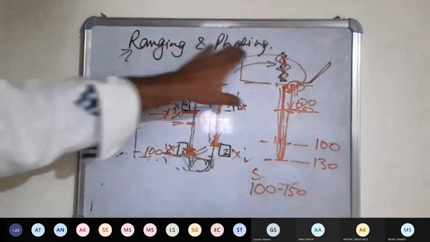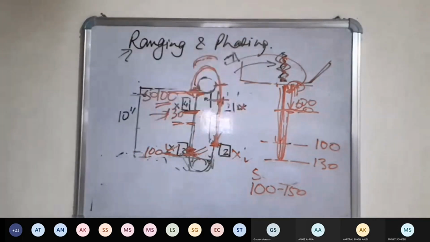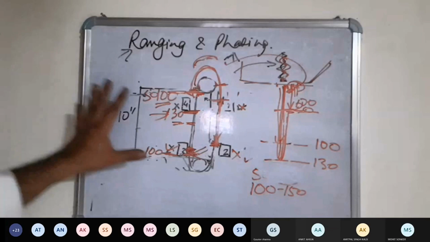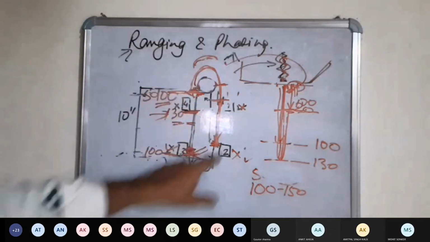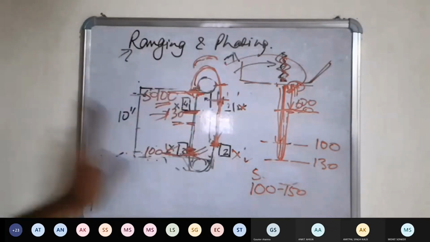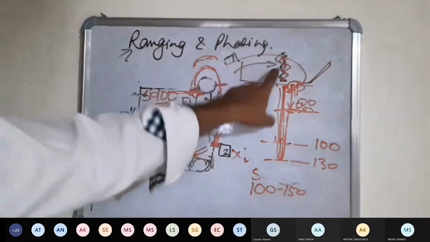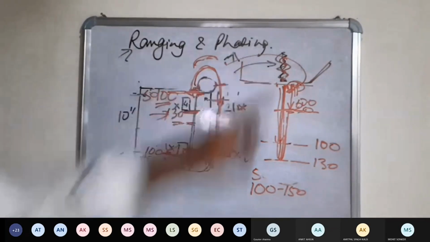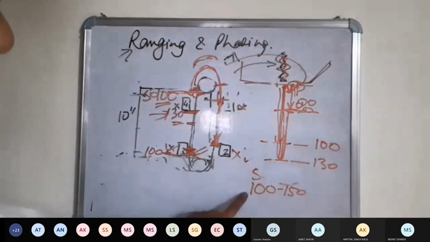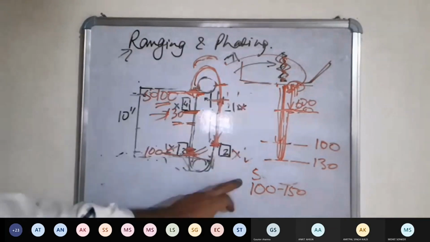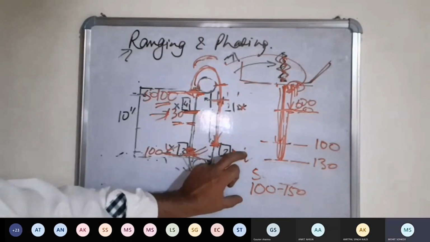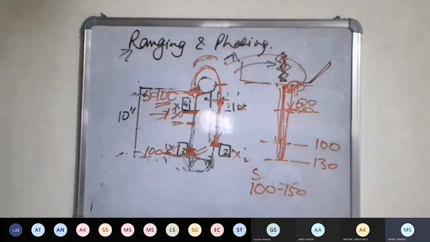This is sorted out by phasing, in which the stylus is constantly moving at a constant speed only, but the transmission of the pulse is advanced by an amount. How much? How much it is advanced? By the upper limit of the previous range. Previous range. Very good.